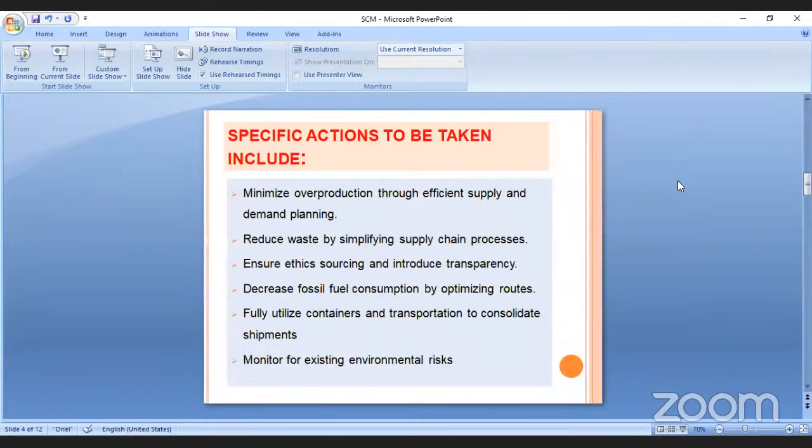Specific actions to be taken include: minimize overproduction through efficient supply and demand planning, reduce waste by simplifying supply chain processing, ensure ethical sourcing and introduce transparency, decrease fossil fuel consumption by optimizing routes, fully utilize containers and transportation to consolidate shipment, monitor for existing environmental risks.